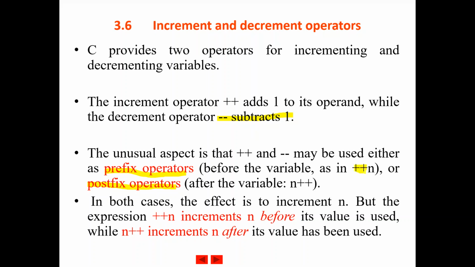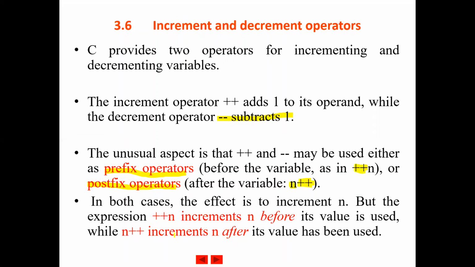Postfix means we are giving the increment or decrement operator after the operand or the variable name. Here n is a variable or the operand and plus plus is an increment operator. As we are giving the operator symbol after the operand, it is known as postfix. Prefix means the operator is placed before the operand.